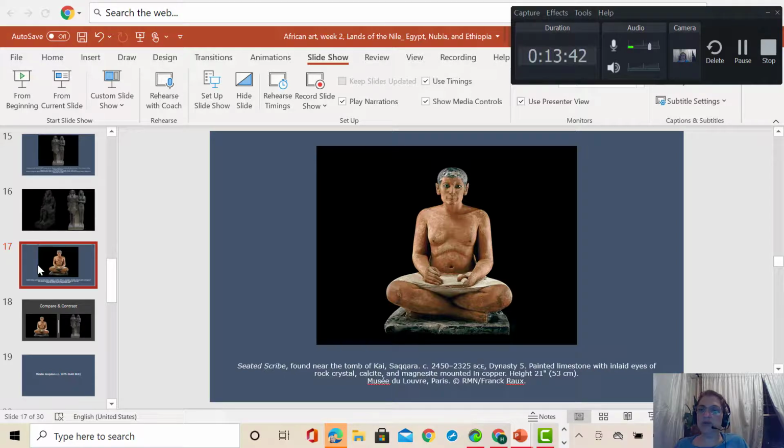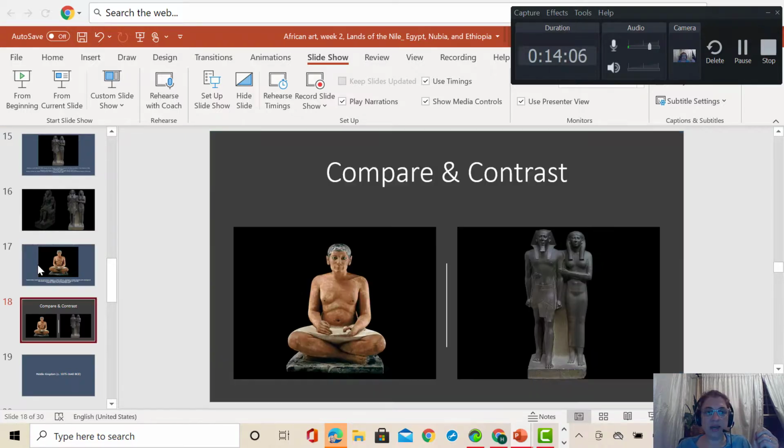And he has a little bit of a belly, which is showing that he was not forced to do physical labor all the time. He was using his mind for his job. And actually, it was lineage of the scribes as well. So if he had a son, the son would become a scribe. There were very few people that knew how to read and write.